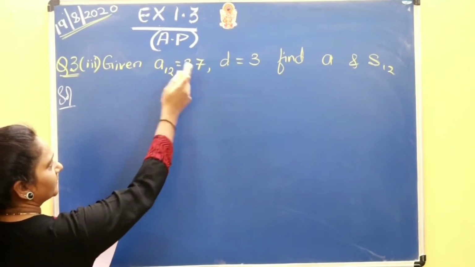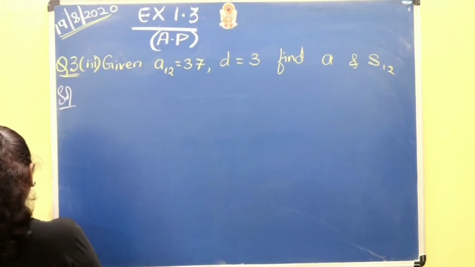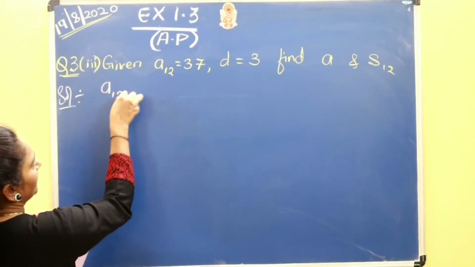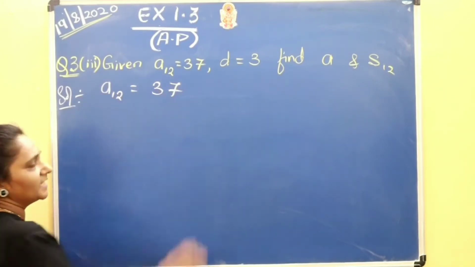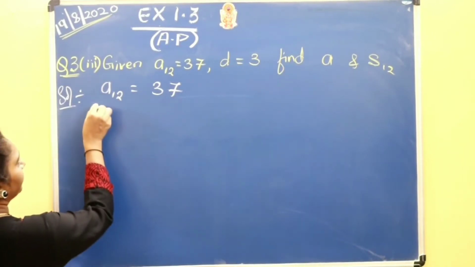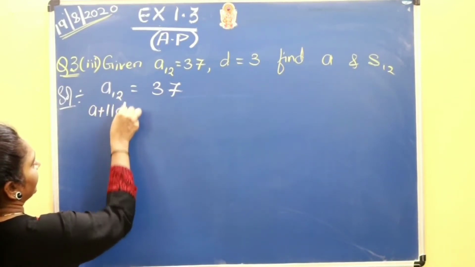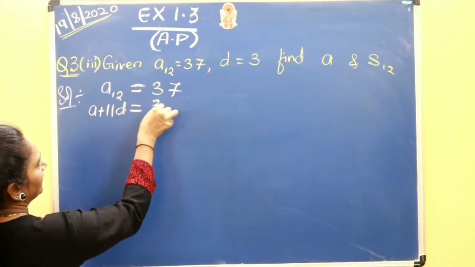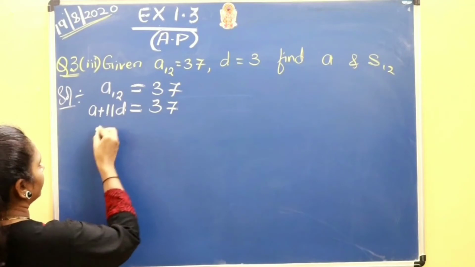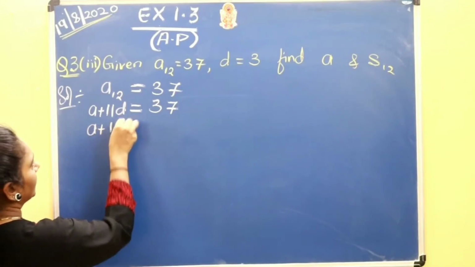So a12 is equal to 37 is given to us. Make use of that. a12 is equal to 37. a12 can be written as a plus 11d. So write a plus 11d is equal to 37. We don't know a, we know only d.